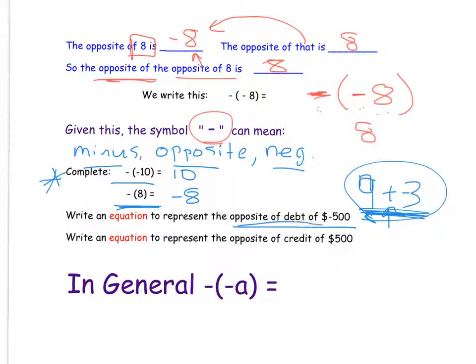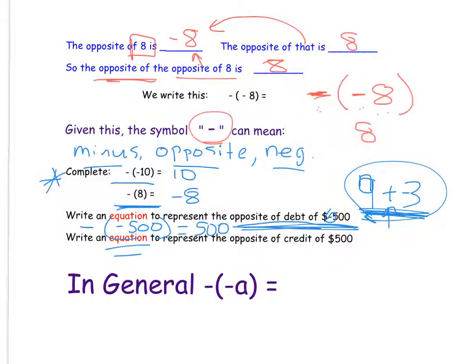I think I might have had a typo there. If you had a debt of 500, and the opposite of that is what we're looking for, then we would have the opposite of -500 is 500. So here's your equation. An equation has an equal sign, so that was an equation.